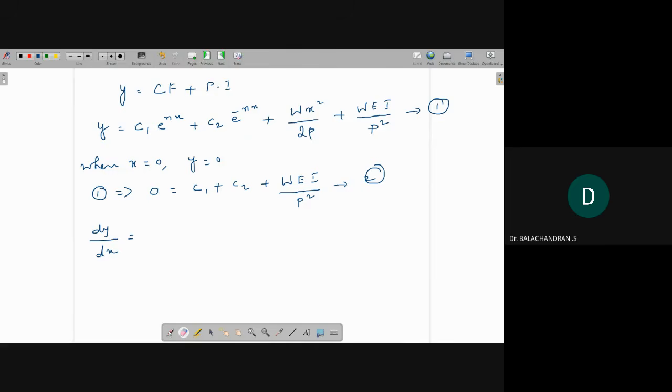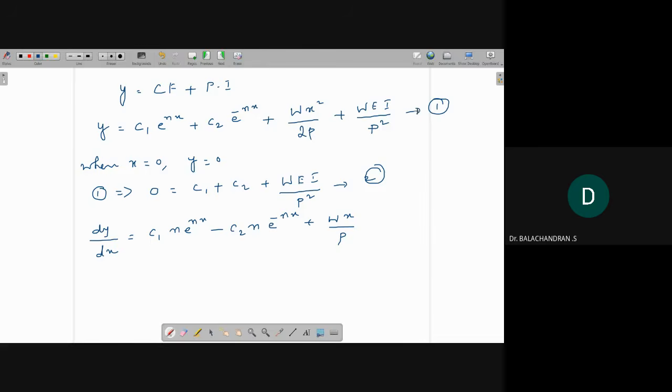Okay, it is better to write C1 into n into e power nx, and then minus C2 into n into e power minus nx. If you differentiate this, the 2 gets cancelled. W x by P. The last term is a constant term.